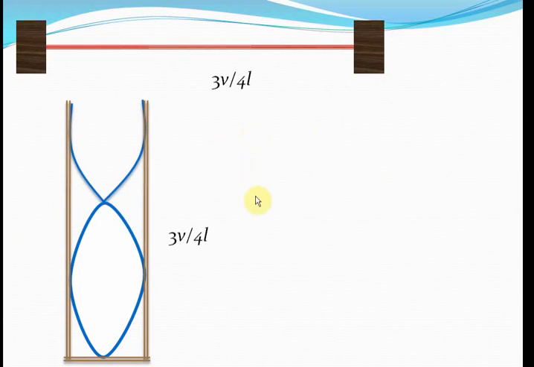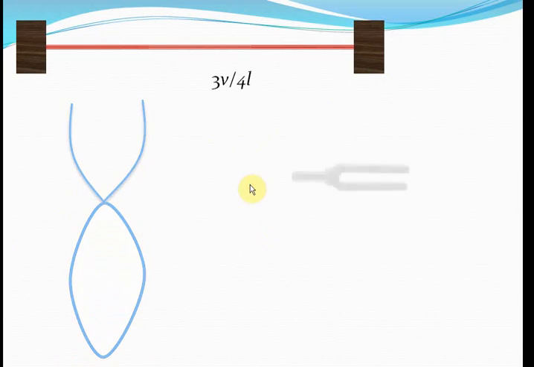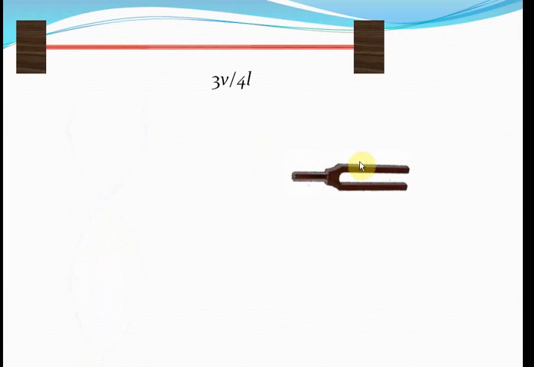Now the question says that there is a tuning fork here which produces 4 beats with this string. That clearly means that the difference in the frequencies of the string and the tuning fork is 4 Hz. We have to find out the frequency of the tuning fork. Sounds simple enough, right?